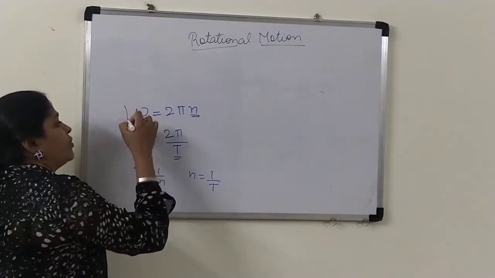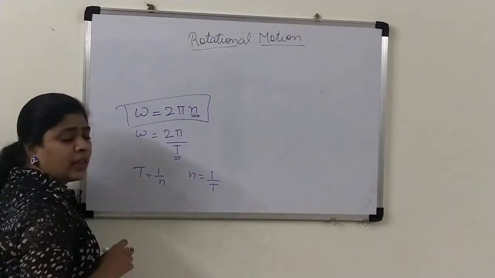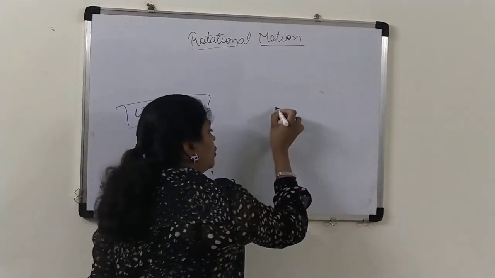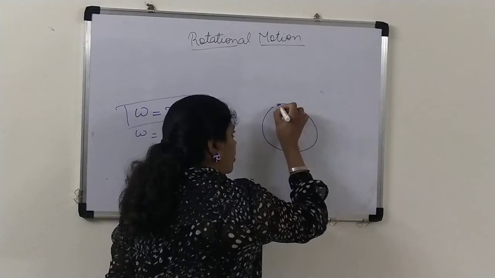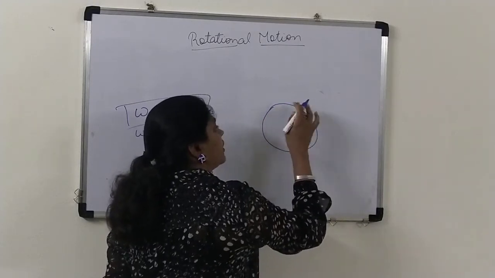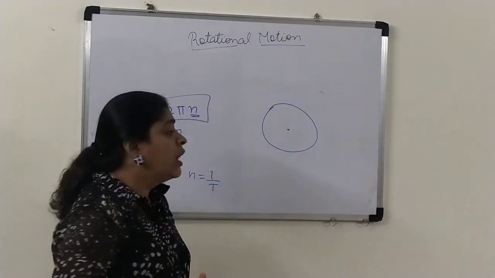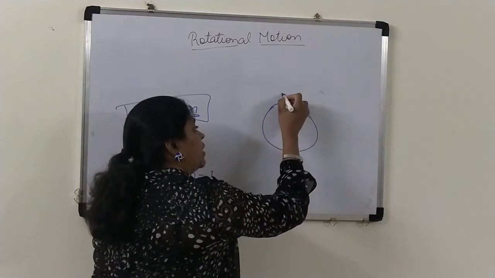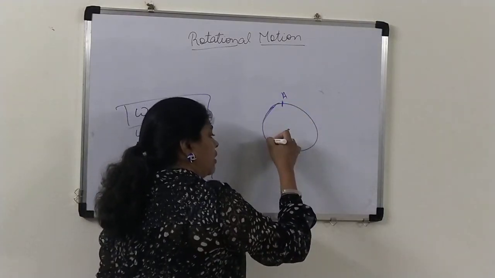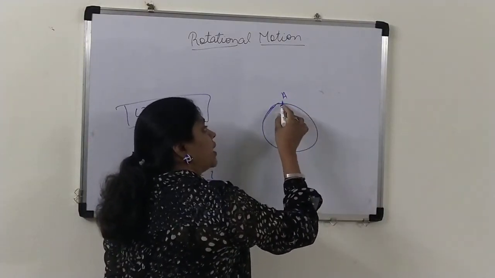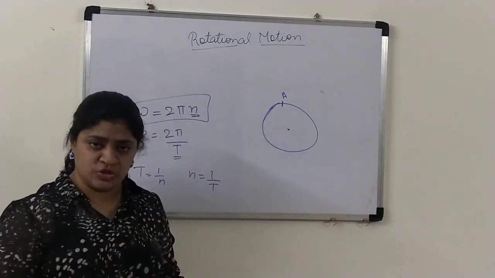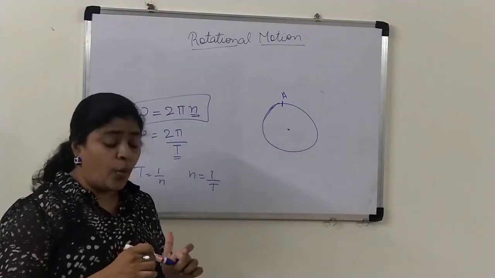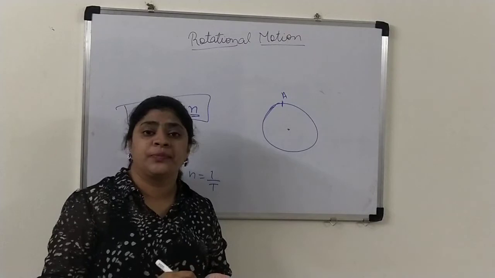Now from where do you get this formula? This is again a body performing circular motion. When the body starting from point A completes the circular motion and comes back to its original position, what is the angular displacement?